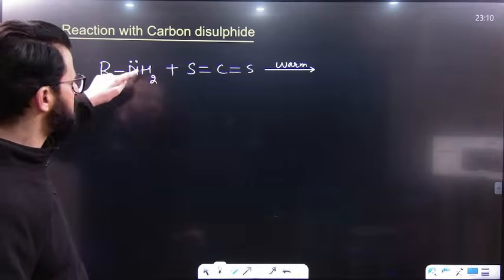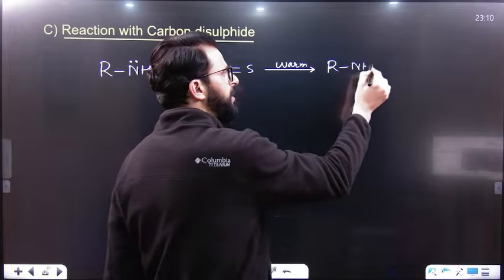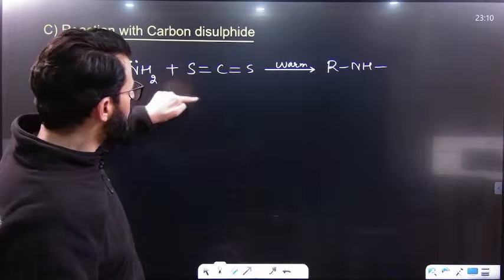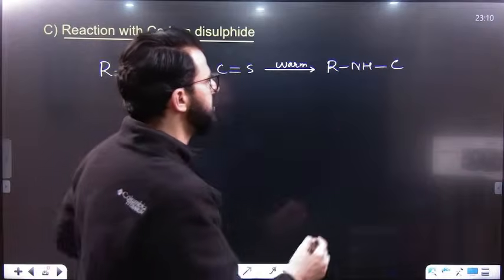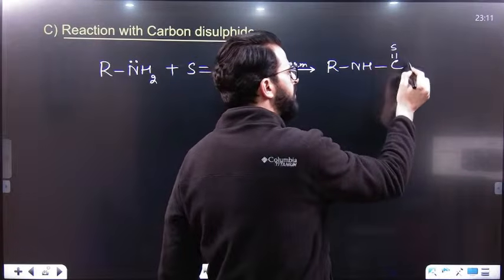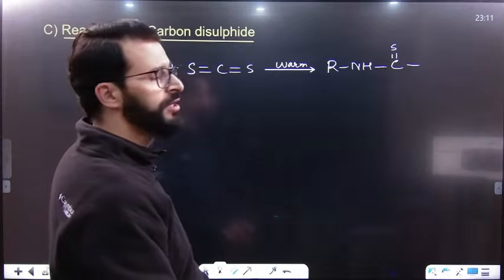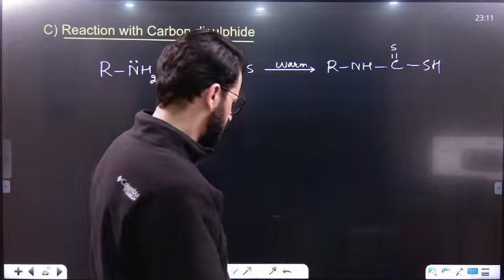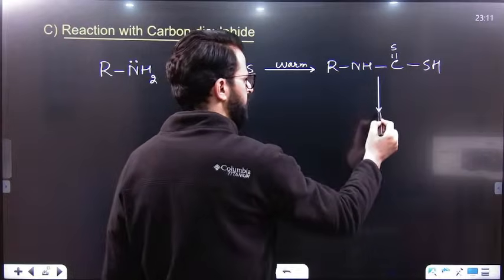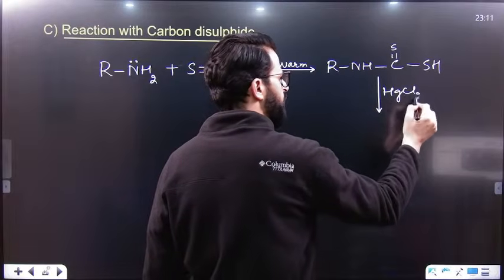That means when it loses H positive, it becomes RNH. But it has formed a bond with this C. So, single bond C. This double bond S is intact. But this single bond becomes S minus. But this S minus abstracts hydrogen from nitrogen. So, it becomes SH. So, first it will form this one. After that, it will react with HgCl2.